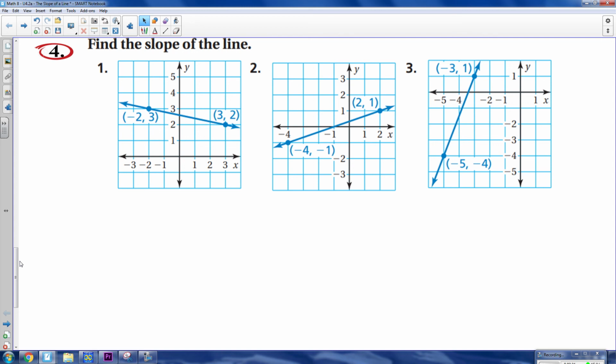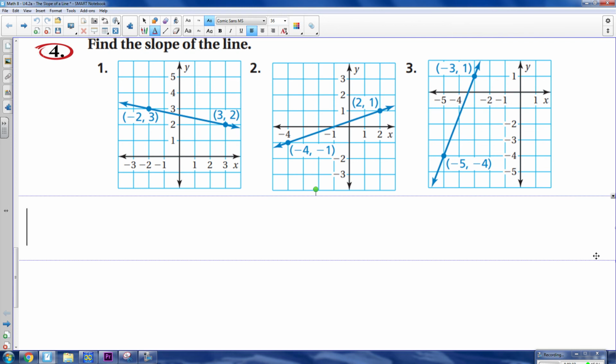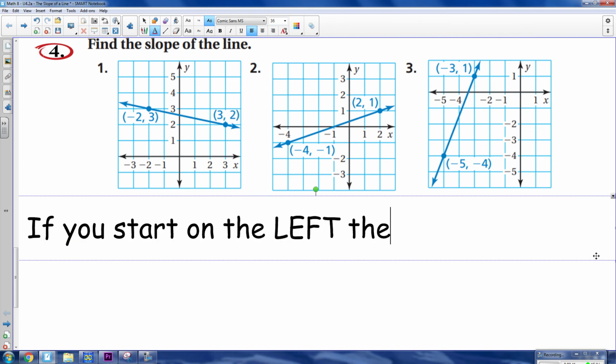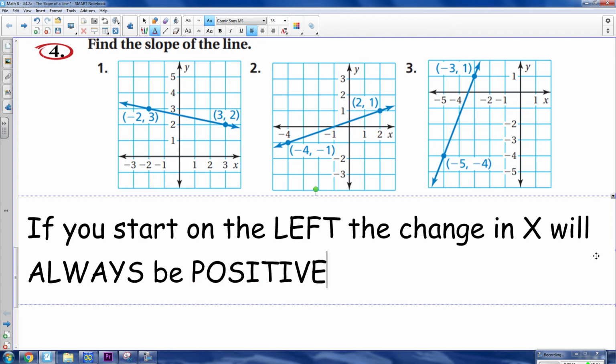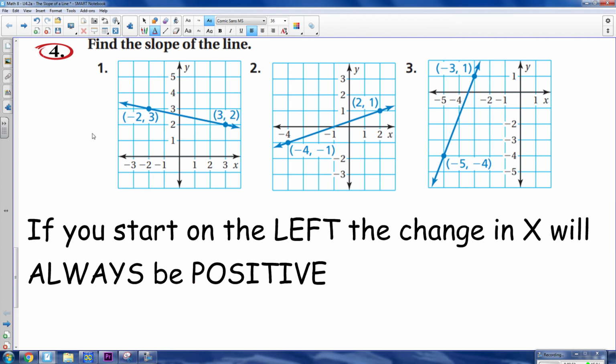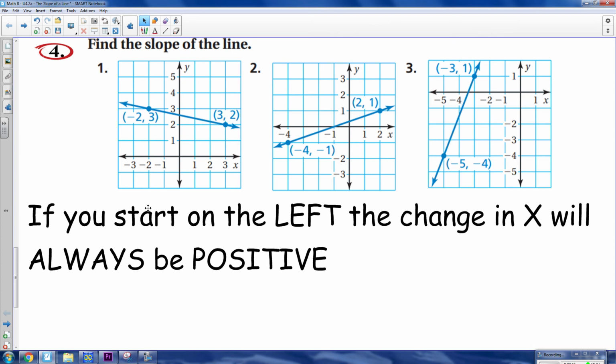If you start on the left, the change in x will always be positive. That's kind of nice.